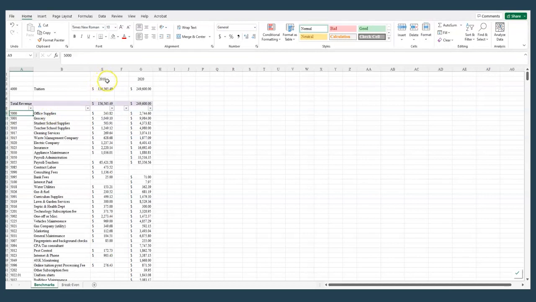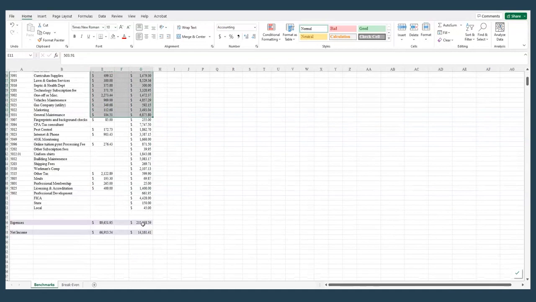In reality, you should probably be looking at 2022 when determining your break-even point. The reason we're looking at multiple years further back is because this sheet is also looking at how we've spent according to the buckets of occupancy, staffing, program, and admin as well. We have our tuition right here, and then all of our expenses right here.